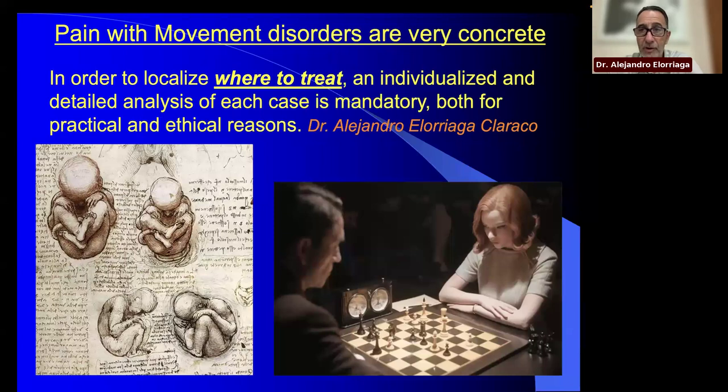Or you'll forever be an amateur player, like in chess. In chess, it's okay, but in clinical practice, it's not okay because people suffer from the laziness and incompetence of practitioners.